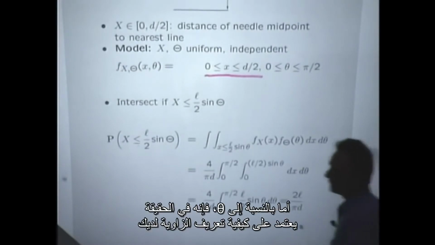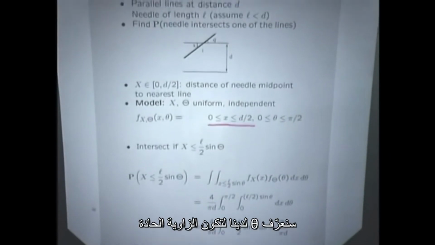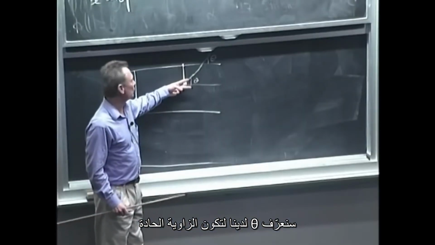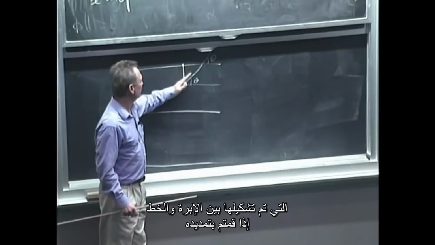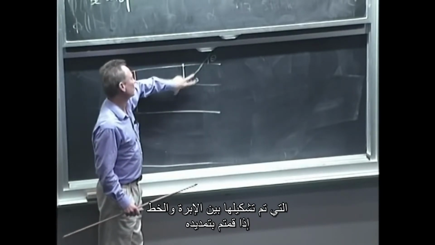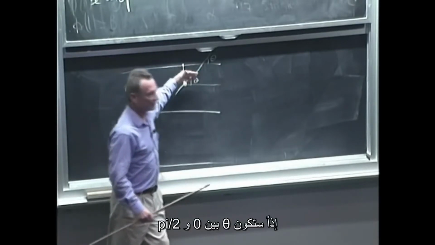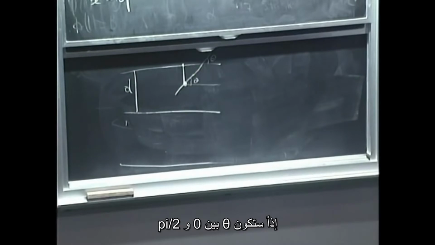As for theta, it really depends how you define your angle. We're going to define our theta to be the acute angle that's formed between the needle and a line, if you were to extend it. So theta is going to be something between 0 and pi over 2.